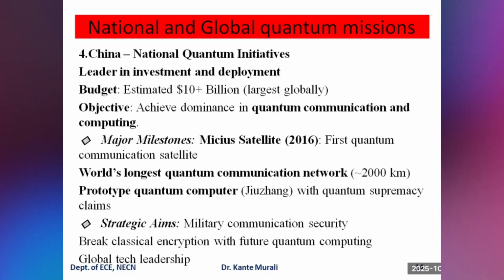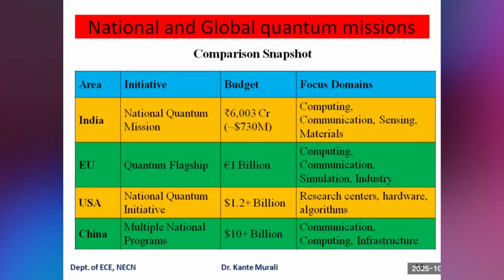There is also the prototype computer Jiuzhang with quantum supremacy. But the strategic aim is to incorporate these technologies in the military for secure communications, and in other fields like medical imaging and normal communication. This is a comparison snapshot of each country. Of course, I tried to compare only major countries.